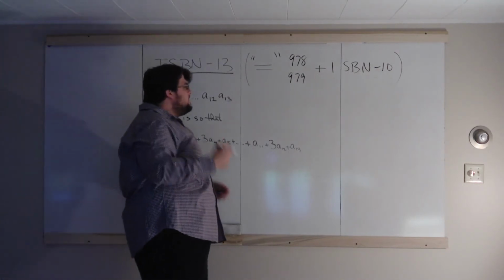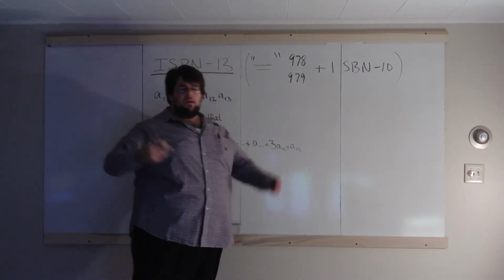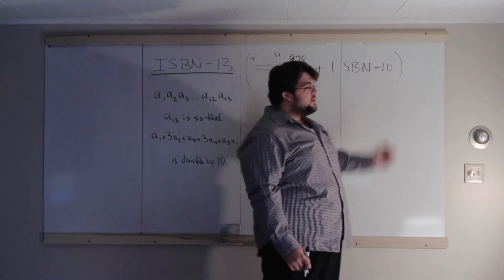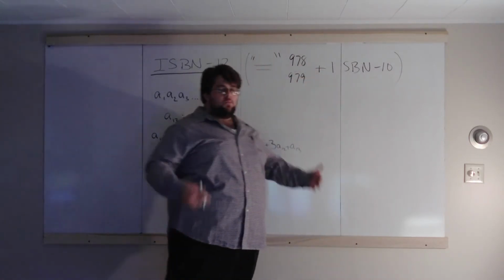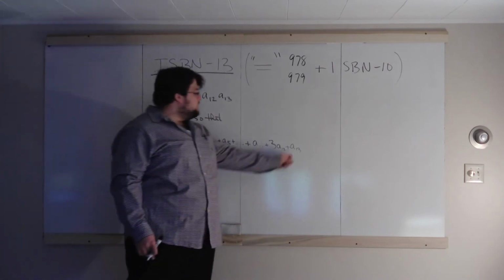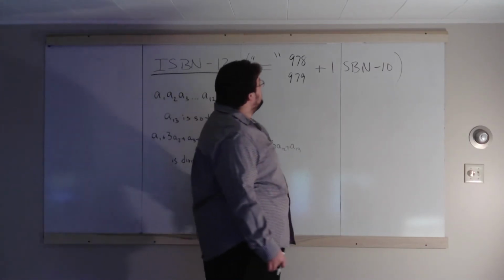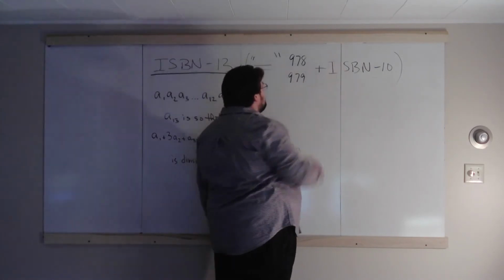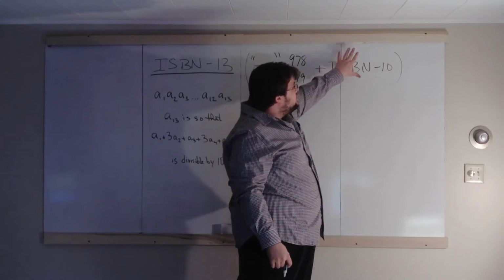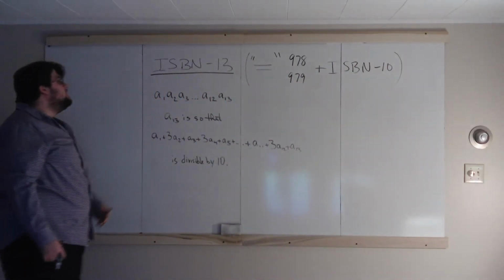Well, it is 978 or 979 and then the ISBN 10, but it doesn't take the exact check digit from the ISBN 10. The ISBN 10 will have a certain check digit on it, but this will assign a new last digit. So the ISBN 13 is 978 or 979 plus the first 9 digits of the ISBN 10, and then a final check digit that satisfies this equation.